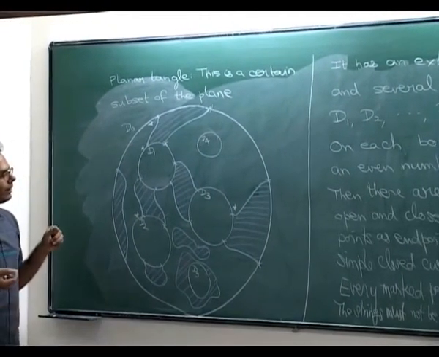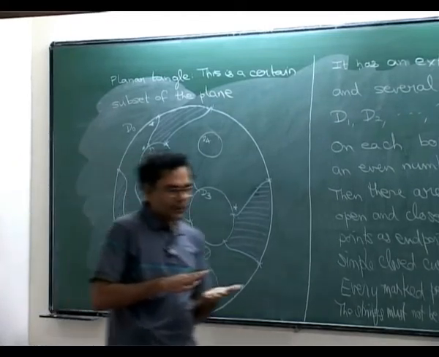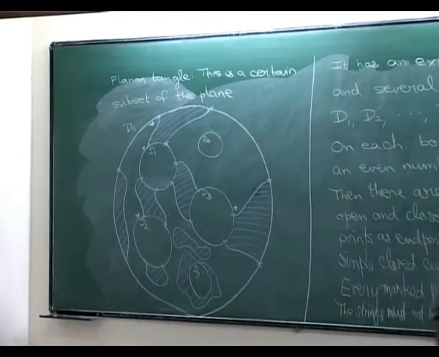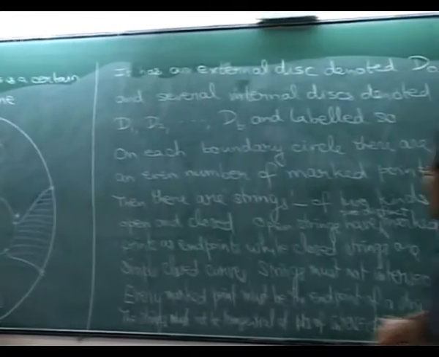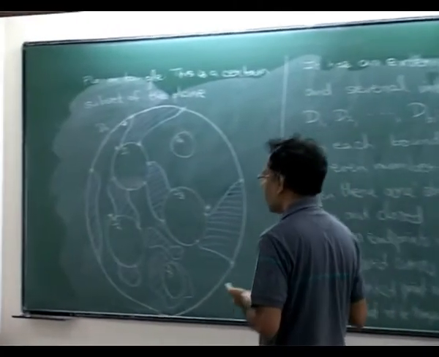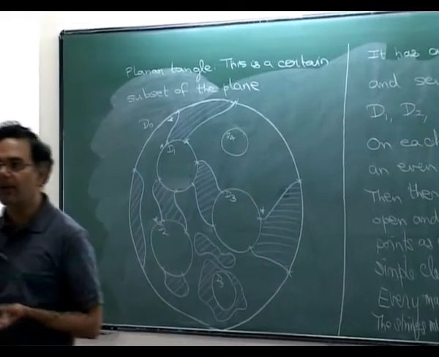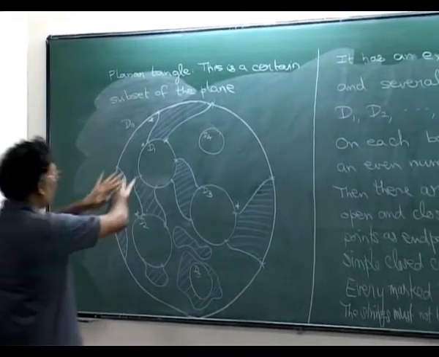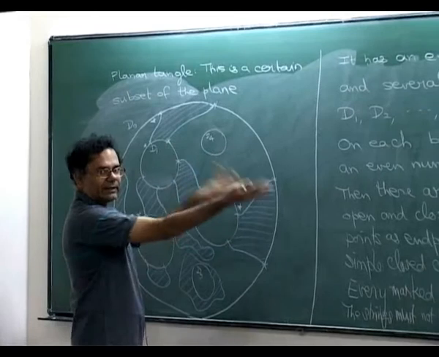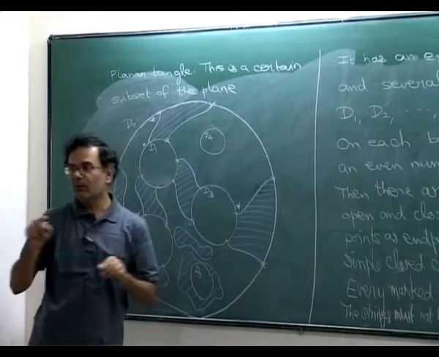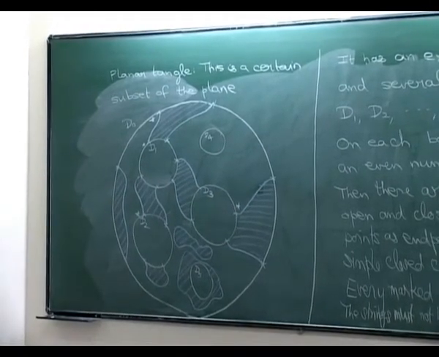But there is one important thing to keep in mind: what kind of diffeomorphisms of R2 are you allowed? The diffeomorphisms of R2 fall into two distinct kinds, one that preserves orientation and one that reverses orientation. For example, you could take a reflection, you could take this whole picture and reflect it in a mirror, right? Then what you get, I do not regard as the same as this.